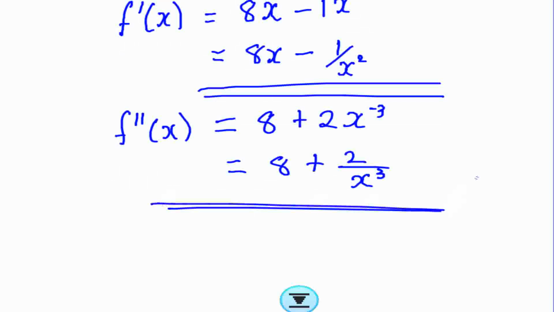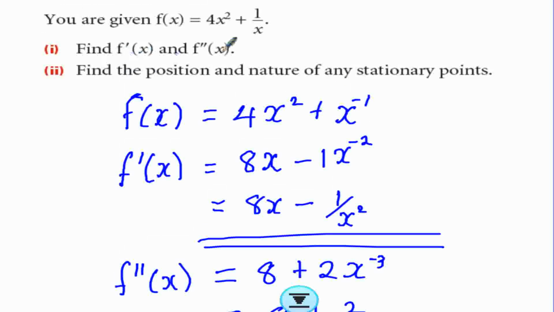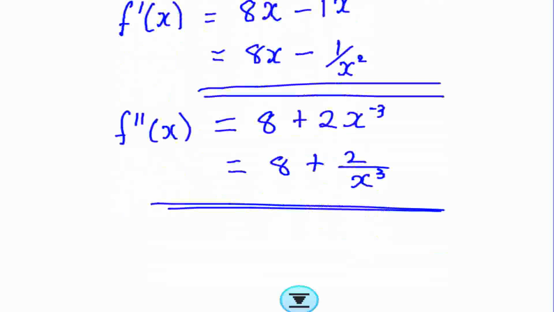And remember, our question tells us to find the first derivative and the second derivative, then find the position and nature of any stationary points. So the next part we shall be doing is finding the stationary points. For stationary points, we use the first derivative.